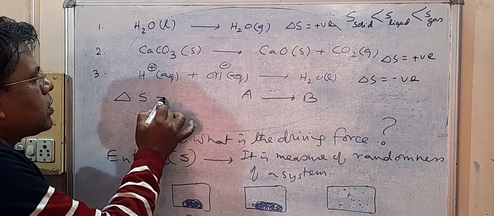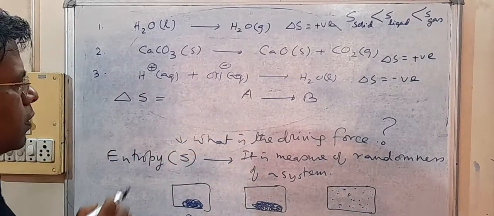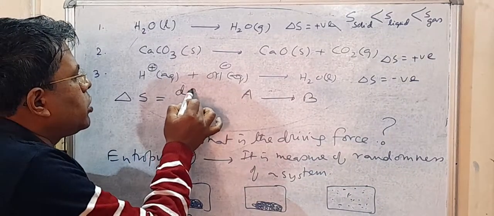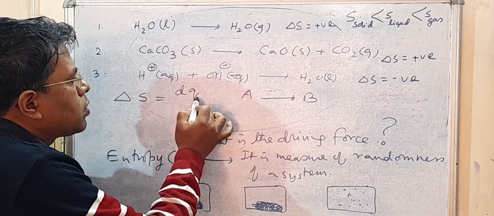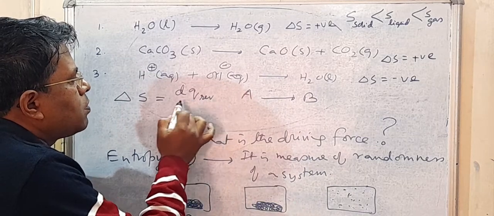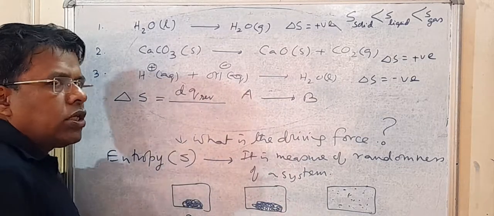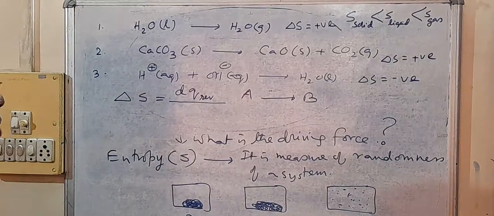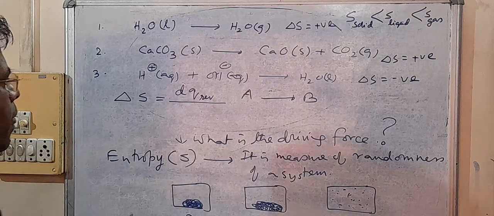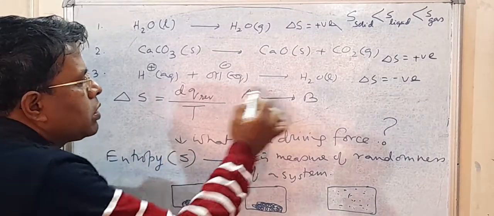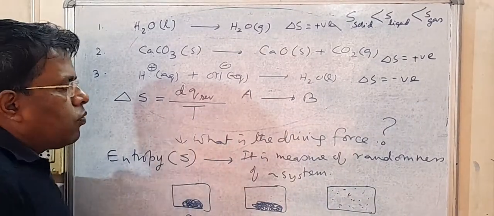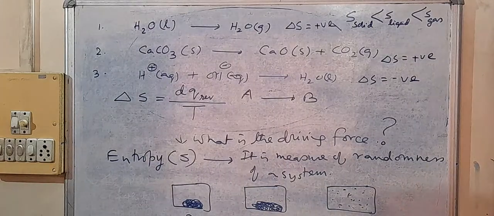Delta S is defined as the heat change taking place during the process in a reversible manner, divided by the temperature at which the process is taking place. This temperature will be in Kelvin.